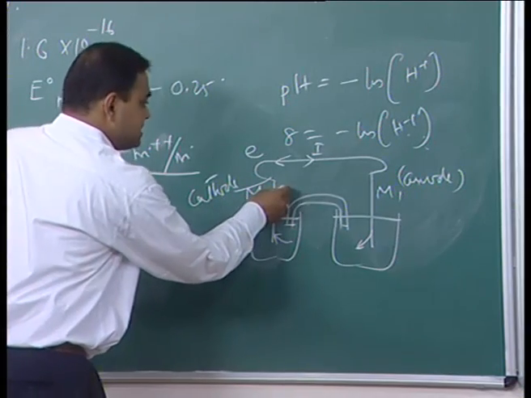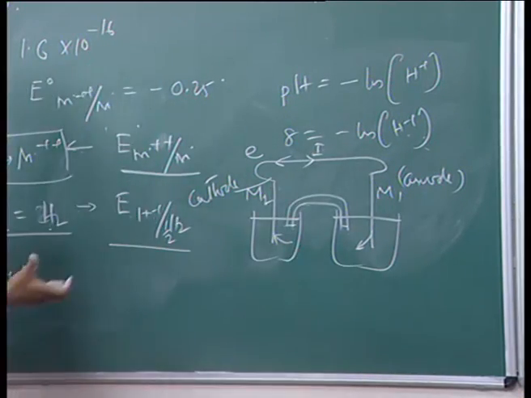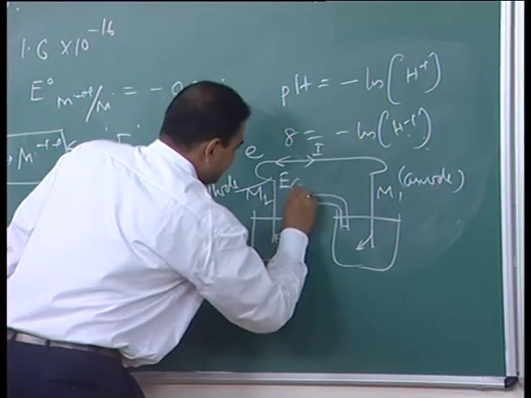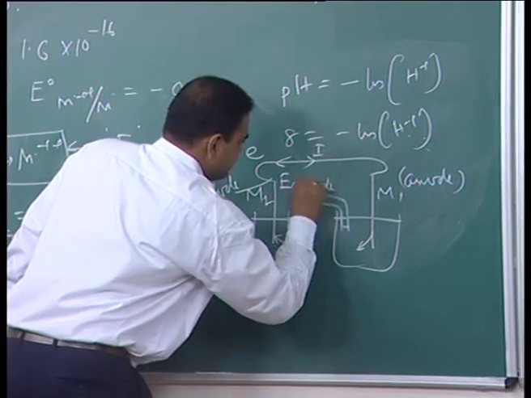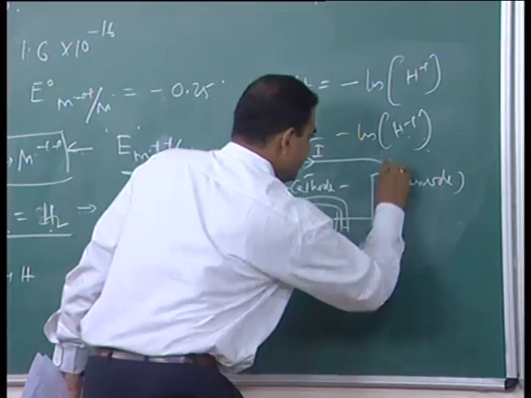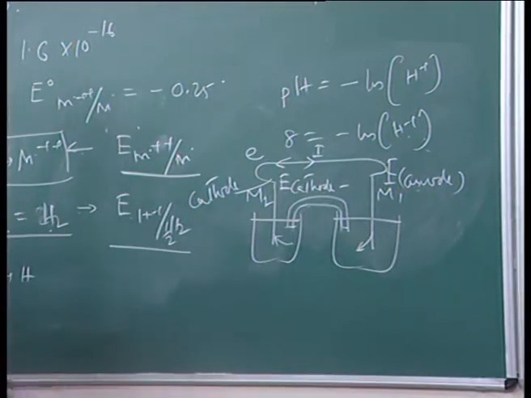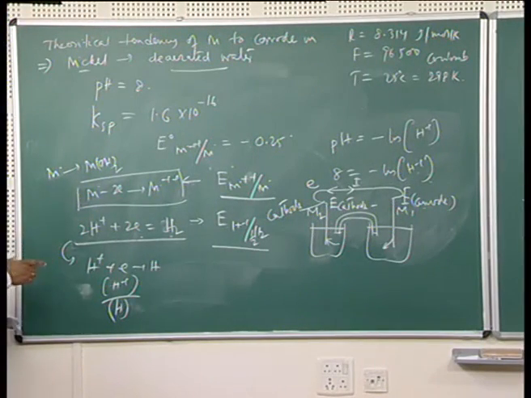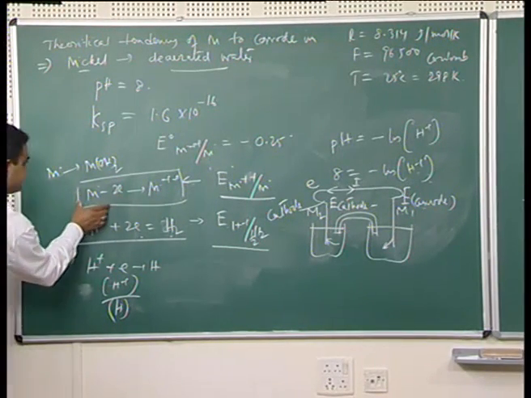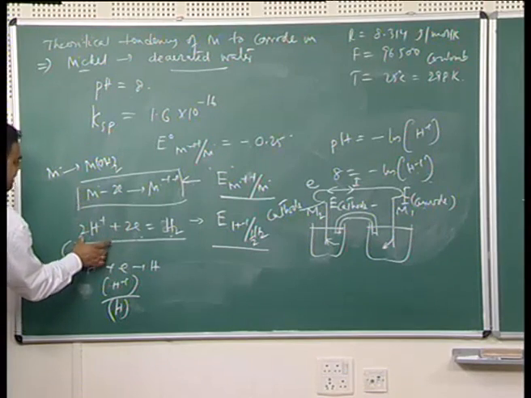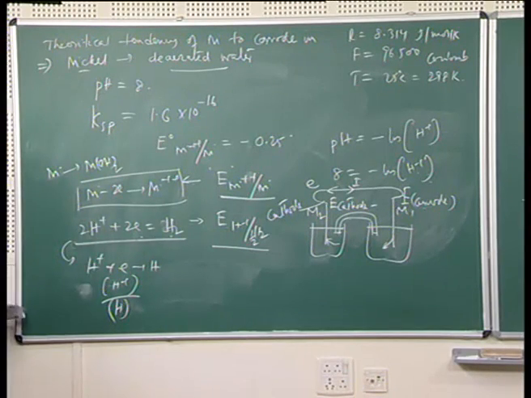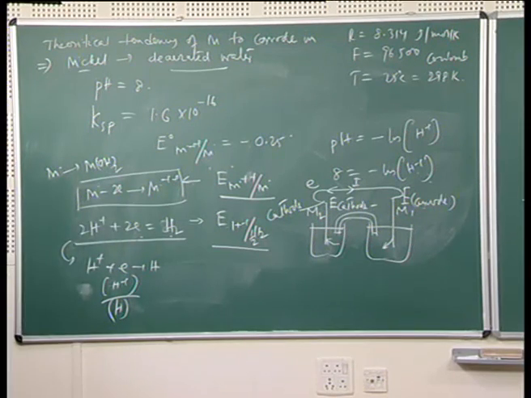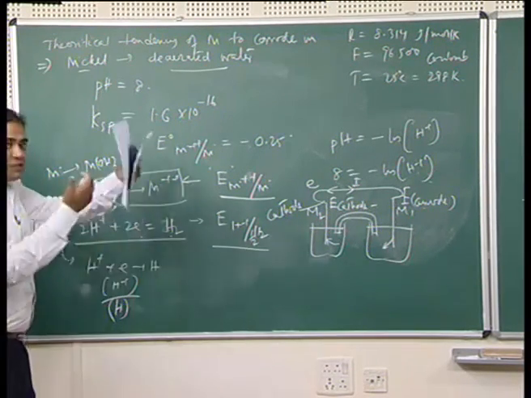So what would be the cell potential? Cell potential would be E cathode minus E anode. Here the anodic reaction happens at the anode, and this is the cathodic reaction, so this is the cathodic region and this is the anodic region. So what would be the overall cell potential?